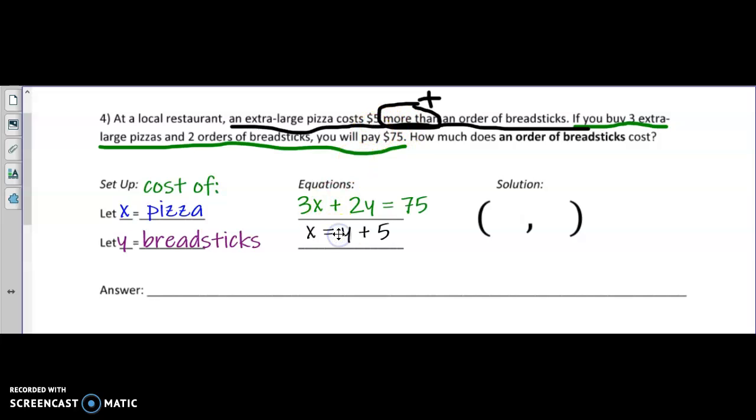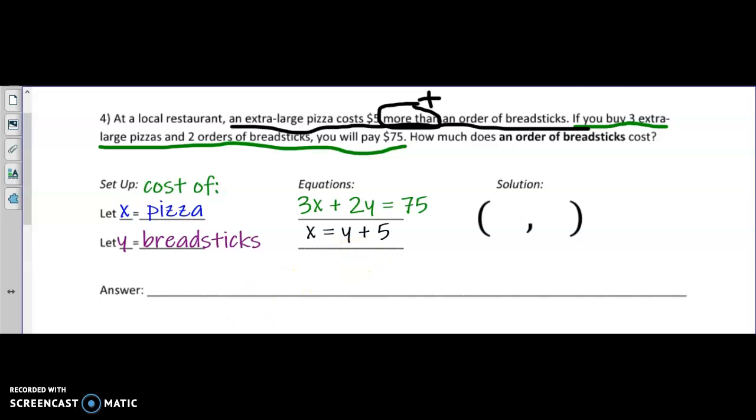And that's how I get my equation. X equals y plus 5. The pizza costs more, so it's by itself. How much more? $5 more than the breadsticks. Notice I'm adding 5. It does not cost 5 times more. It just costs $5 more. So we're adding 5.